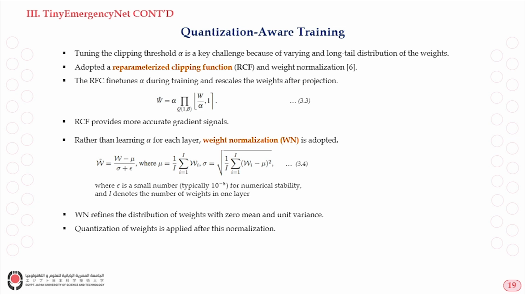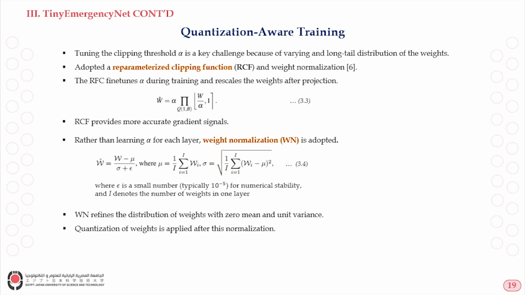So those varying ranges were compensated by what we call weight normalization, where you take statistics of all the weights and then try to normalize them so that you do not have a clipping threshold that is varying from one layer to another. So this is what we did. It's just a simple normalization using the standard deviation and mean. So we did this normalization before the quantization.